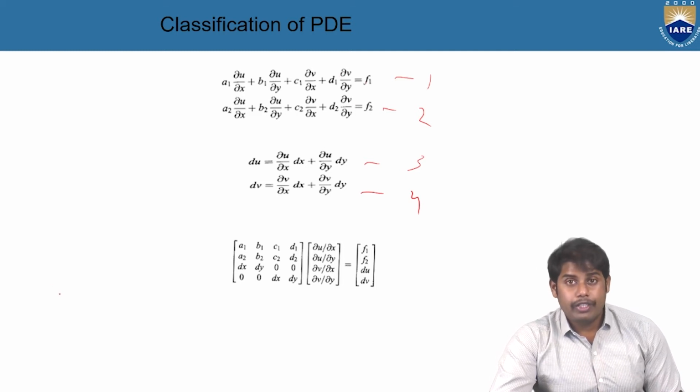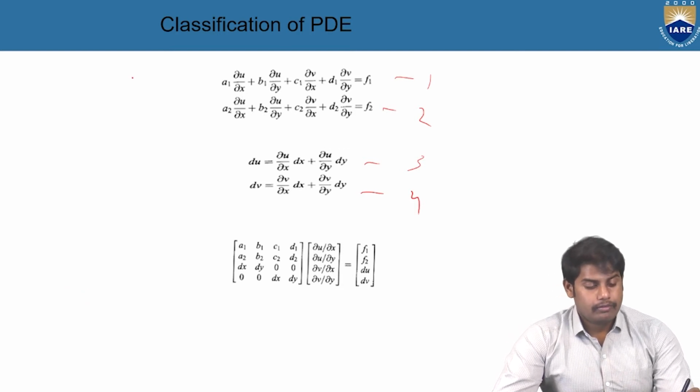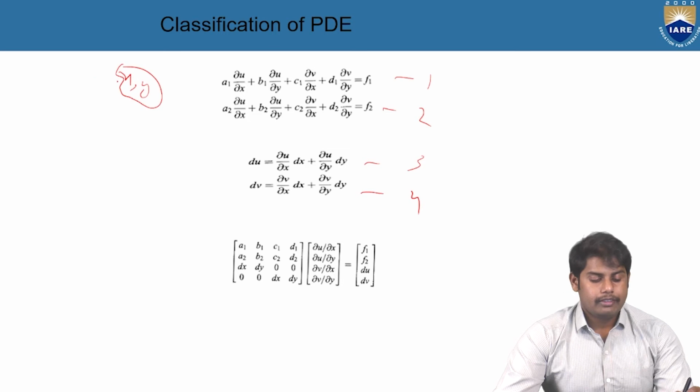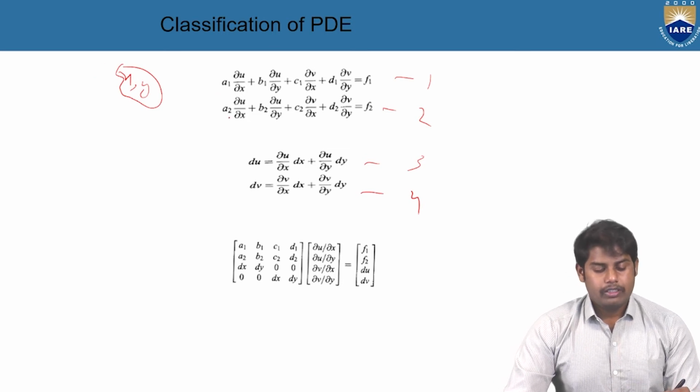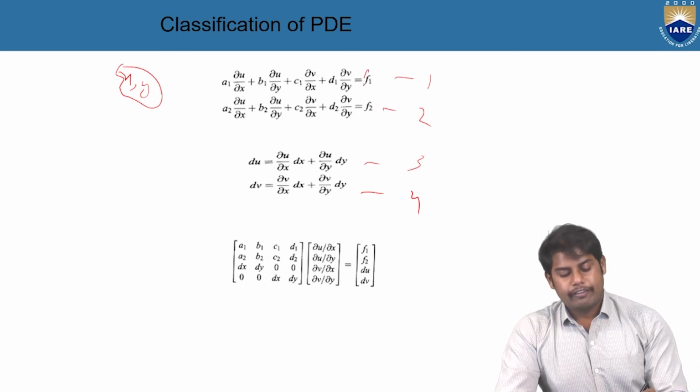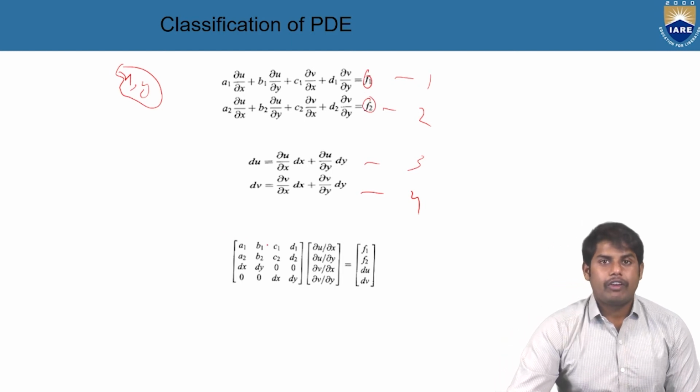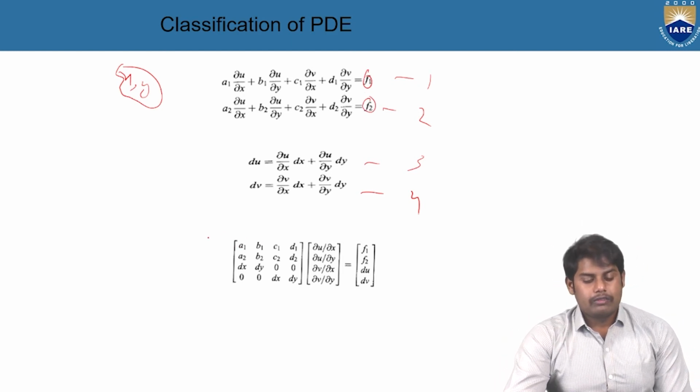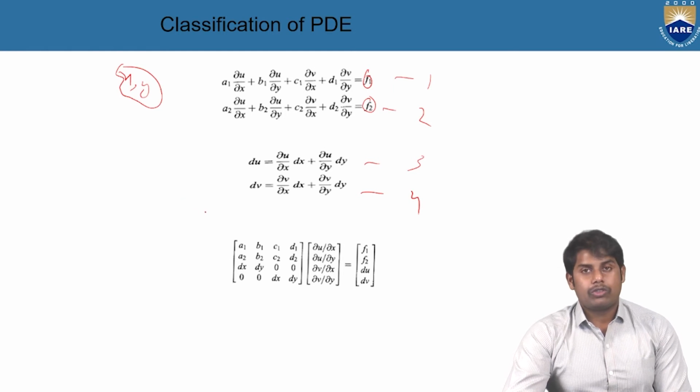If you see these equations, the coefficients are functions of the independent variables x and y. So this is the first equation. The second equation is a2 dou u by dou x plus b2 dou u by dou y plus c2 dou v by dou x plus d2 dou v by dou y is equal to f2. This f1, f2 we call the source term.